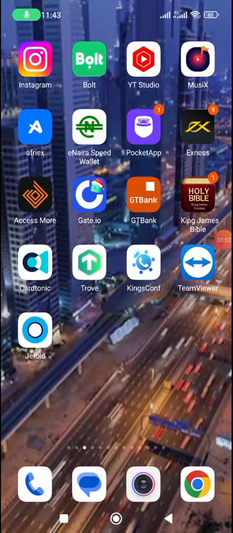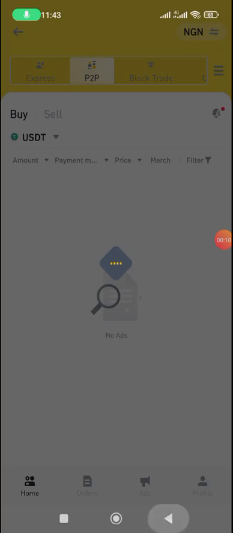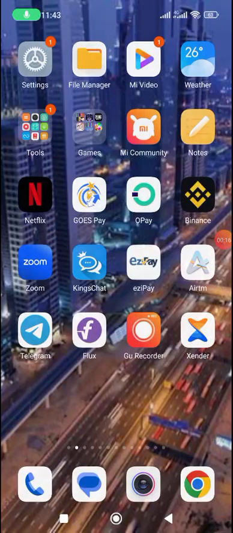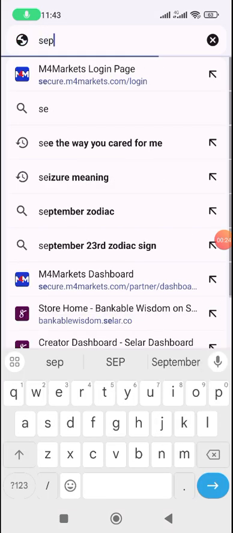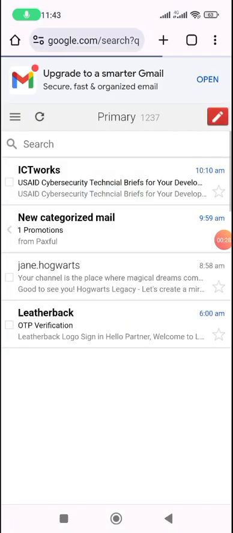So this is a bit of the arbitrage. The thing here is there's something called SEPA deposits. I'm not using it. I was trying to get a European Binance account here, but there's something called SEPA transfer.